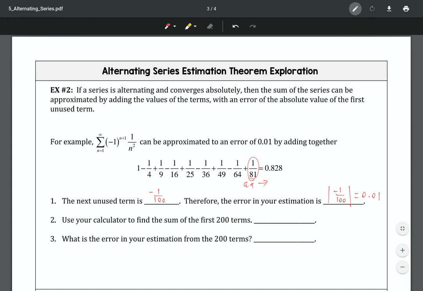Now, if we use our calculator, by the way, and I think it's math 0, if I'm not mistaken, to do the sum, or to find this option on the 84. If I do that, then I get 8.822455. Now, it says, what's the error of the estimation? Well, to find the error, we're going to take the absolute value of the next unused term, which is the 201st term. So if I plug in 201, that's still going to remain, well, it doesn't matter, it's the absolute value.